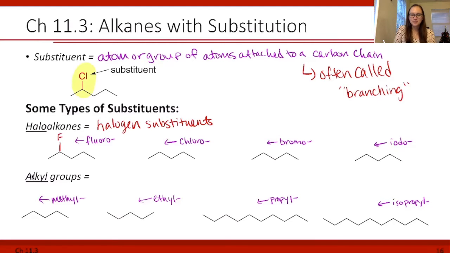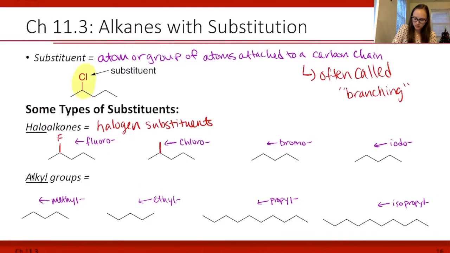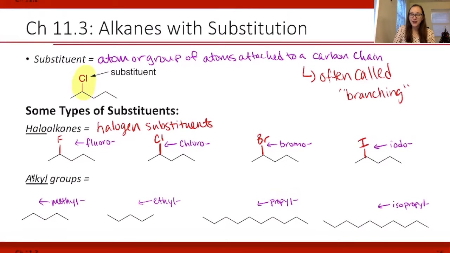Notice how this is a prefix. You see my little dash. So fluoro, it's not a fluorine group, it's a fluoro group. We can also have a chloro group, or bromo, or iodo, then iodine. Those are examples of haloalkanes, or substitutions of halogens on an alkane.